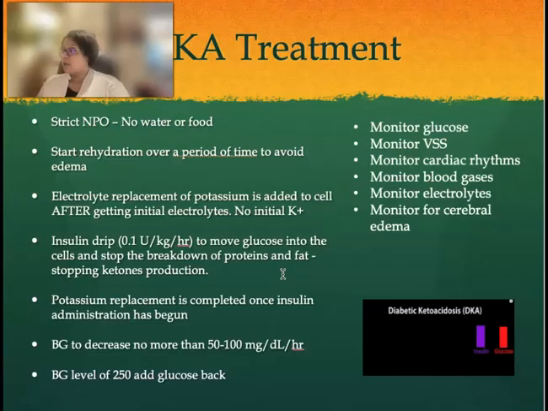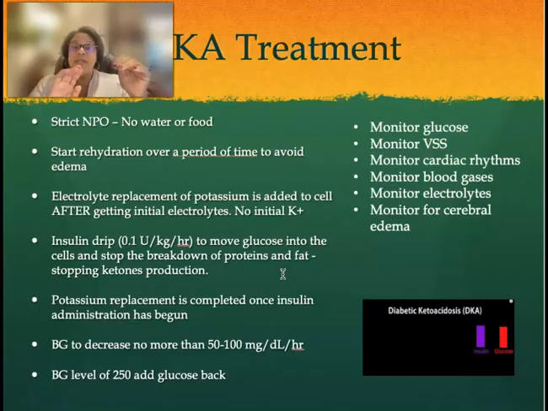And then another big thing: we're going to be rehydrating them, doing their electrolyte balance, fixing their acidosis at the same time, and then monitoring and controlling the decrease of their blood glucose.